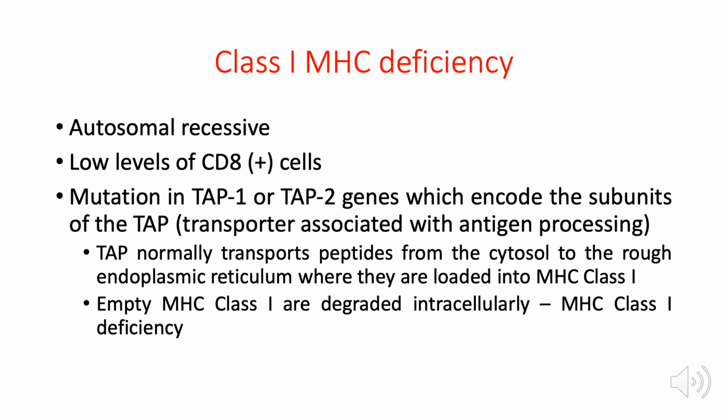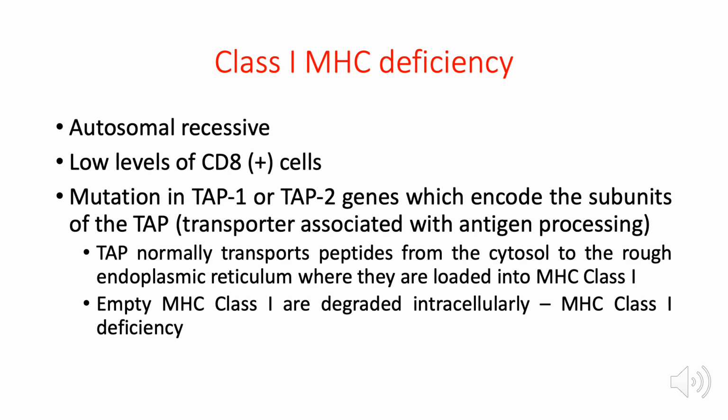And this disorder is characterized by low levels of T cytotoxic or CD8 positive T cells, and I will explain later on why. The underlying reason is the mutation in the TAP gene. TAP stands for transporter associated with antigen processing. This TAP gene encodes for TAP1 or TAP2 proteins.